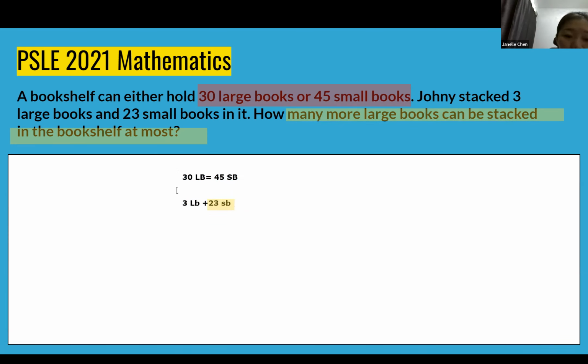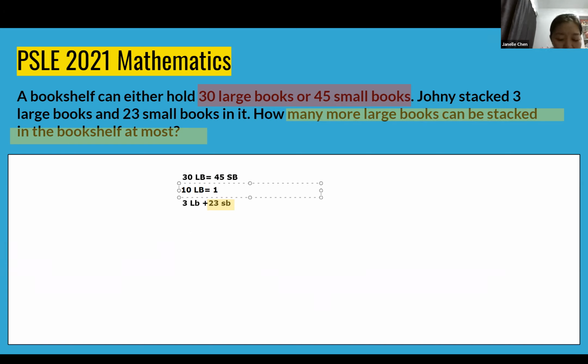So let's try and use the very first amount that they give me. I want to know if I have 10 large books, how many small books can I fit in? The reason why I do 10 is because for both sides the common factor is 3. So I divide by 3 on the large books, I get 10.